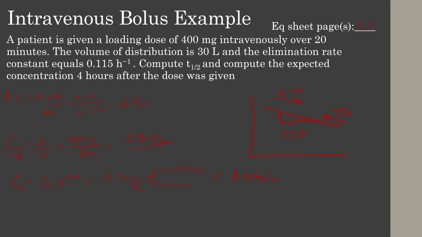So this one's multiply, this one's divide. So in the future, when we need to calculate a concentration that was previous, we divide by e to the minus KE t. When we want to calculate a future concentration, we multiply by e to the minus KE t.